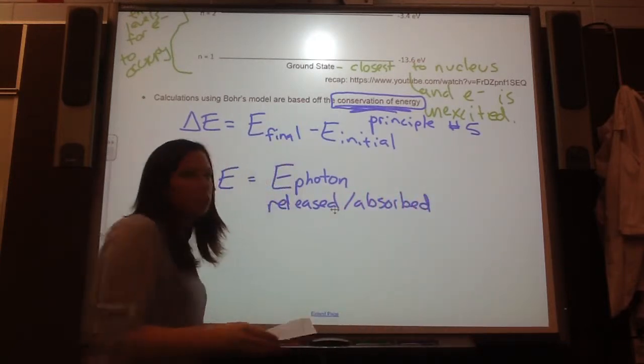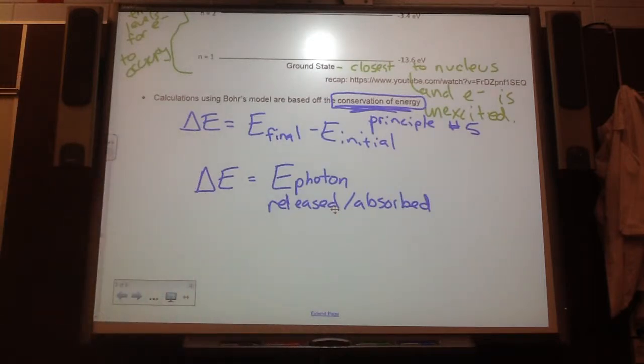So think of the photon as being the vehicle for the energy. When you think about change in energy, think about the photon giving it or taking it. The electron is kind of on the receiving end of that.